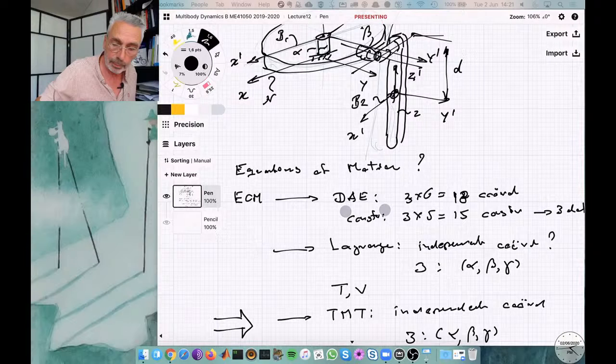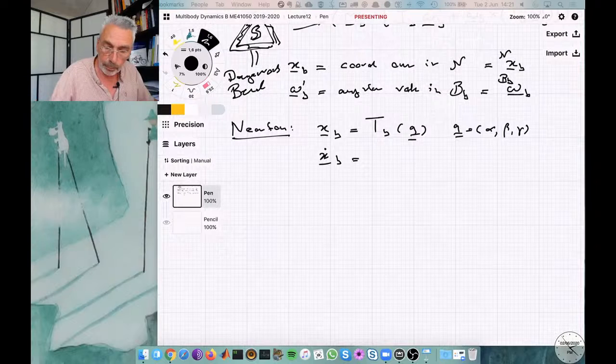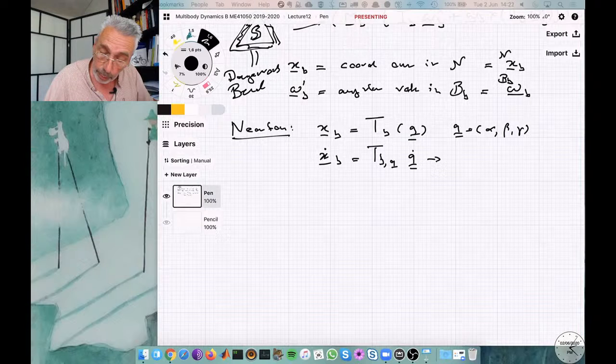Okay, so I have my positions. Given that, I have then my speeds, and that's simply differentiation with respect to my generalized coordinates times the speeds. And of course then I immediately have my virtual speeds, which I need for the virtual power expression, which is again this linear mapping, this transformation matrix.